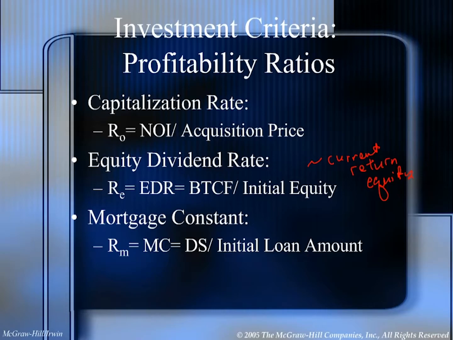That's also the current return on equity. And of course, if you have no debt, it would just be the entire acquisition cost. The mortgage constant is just your debt service divided by the initial loan amount.